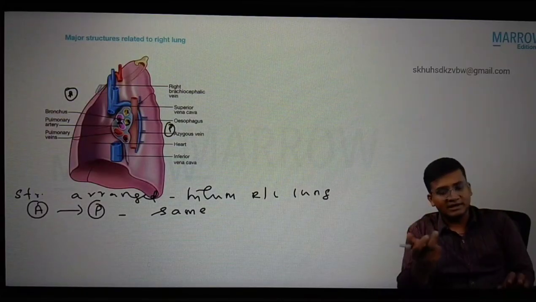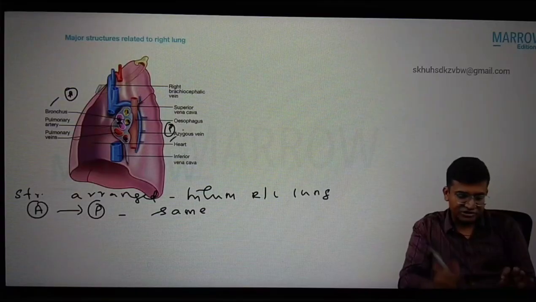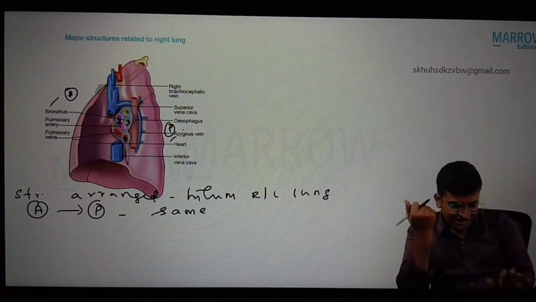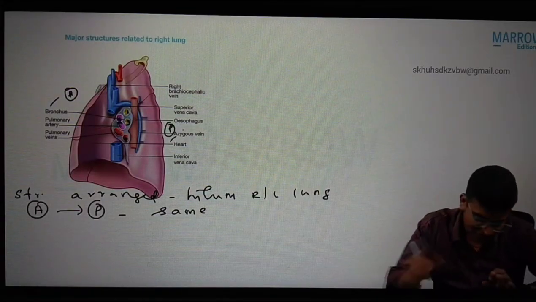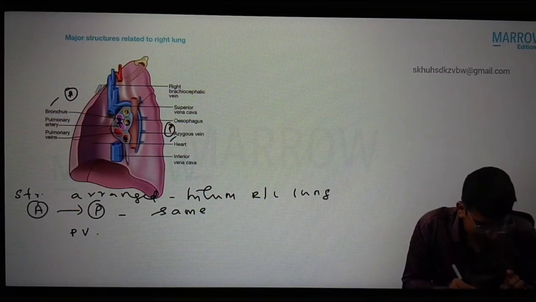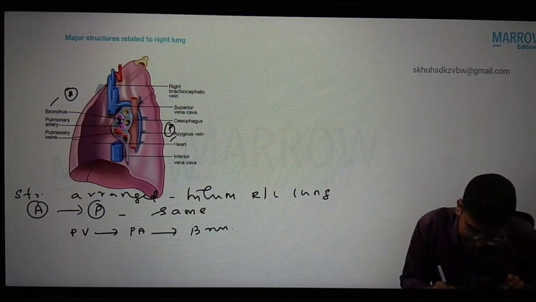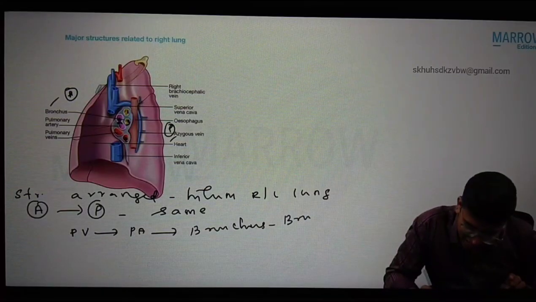The posterior border is blunt. Anterior border is sharp. Okay. So that is why I am writing anterior and posterior. Now the anterior-most structure in the hilum of the right lung and left lung is the pulmonary vein, followed by the pulmonary artery, followed by the bronchus.